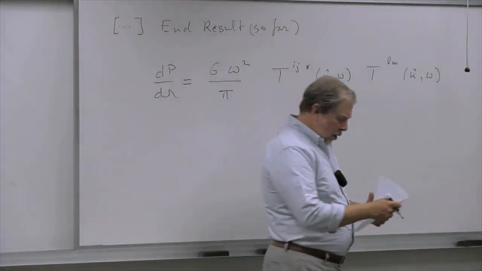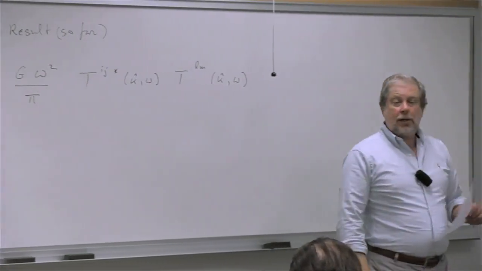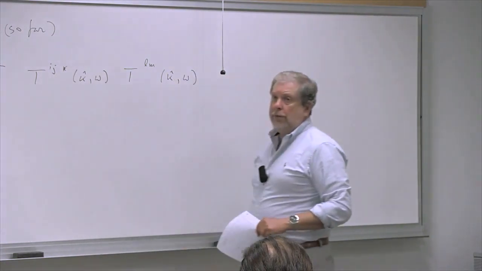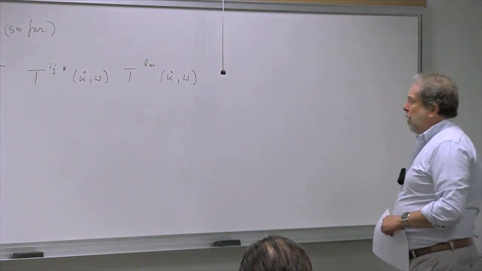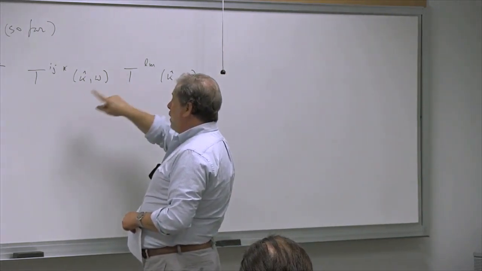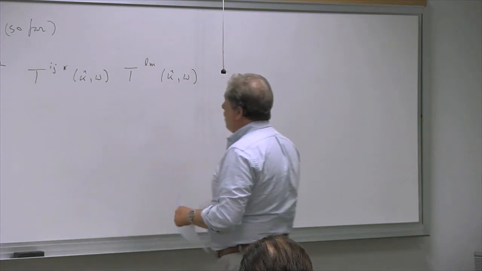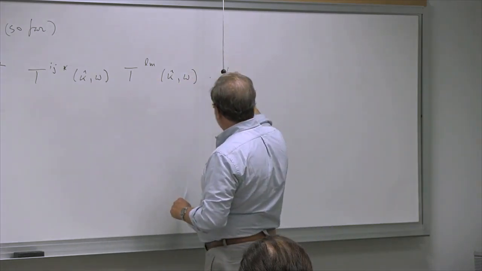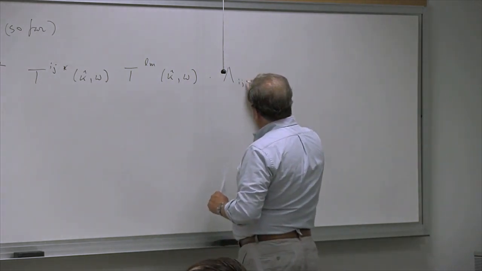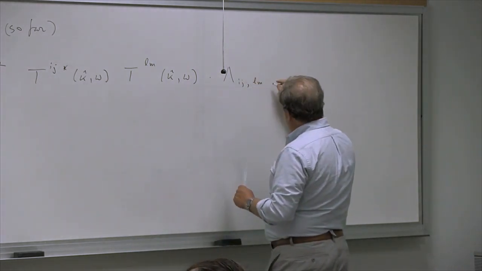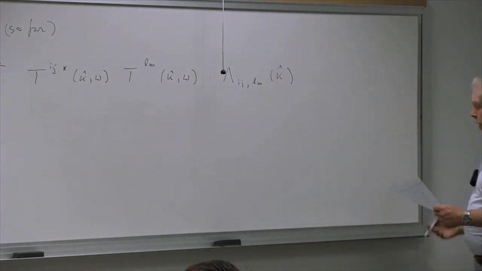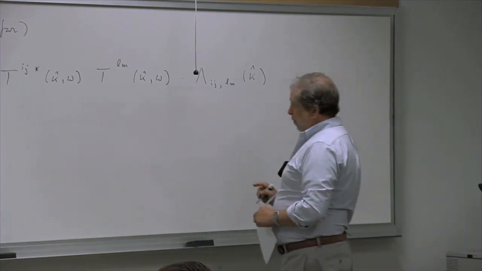We have gotten rid of the S, so we write things in terms of the T only, the Fourier transform of the energy momentum tensor, as we defined it a moment ago. There are two indices on this side, two indices on that side as well, and so this is multiplied by some matrix, the matrix lambda ij,lm, which depends on k. In fact, it only depends on the direction of k and not its magnitude, right?